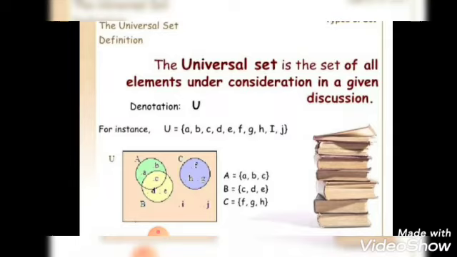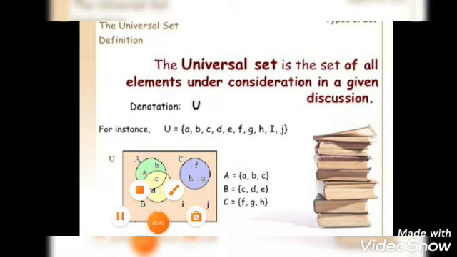The common element should not be repeated. Next, D, E, F, G, H. Means I, J means another. See in the Venn diagram, I, J is outside of the sets. So we will write the I, J also.